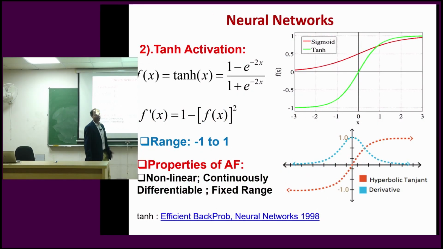We can use a better activation function called tanh activation, and mathematically f(x) equals tanh equals 1 minus e to the power minus 2x divided by 1 plus e to the power minus 2x. Now, very simple, you need not memorize this expression.